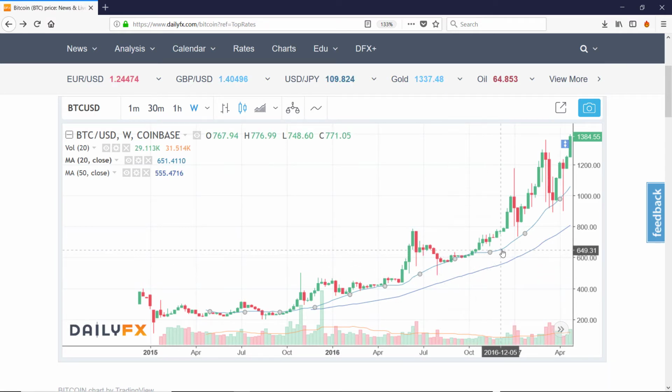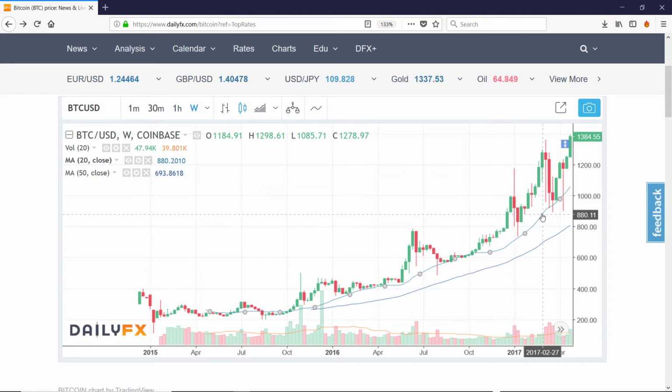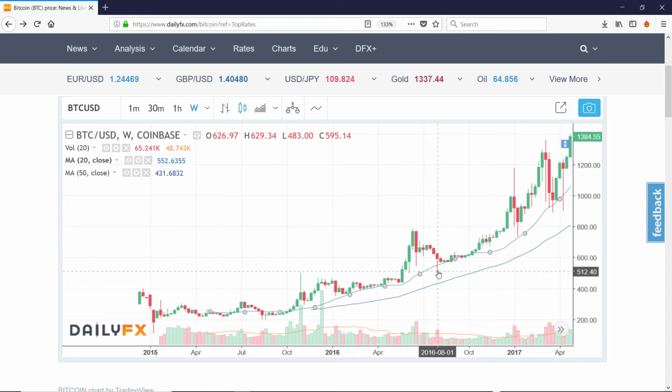So it's comforting. It's nice to know what the 20-day moving average is, because, as I said, most of the time it seems to stay above that. In the rare times that it does dip below the 20, the 50 has been a strong support.